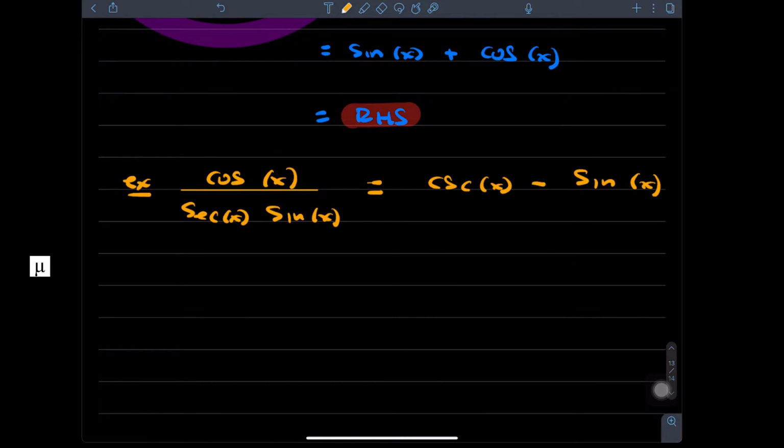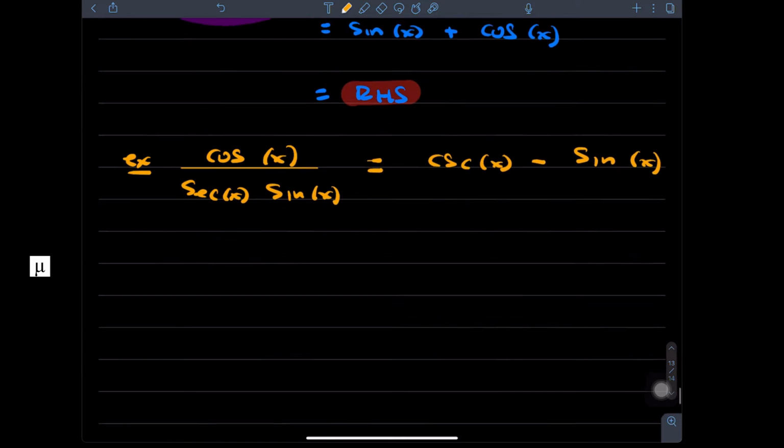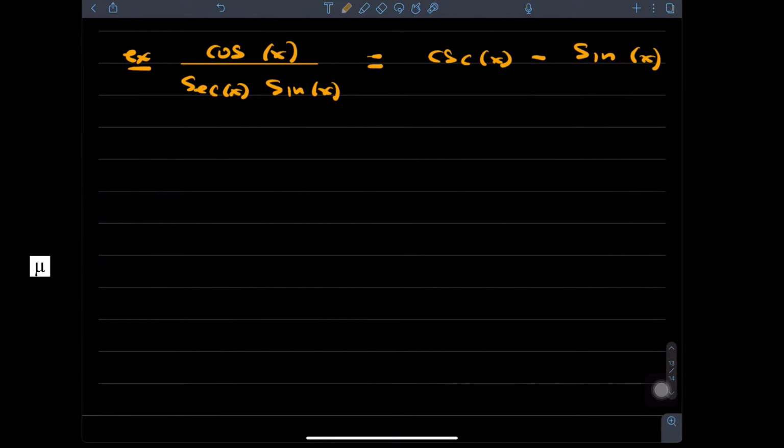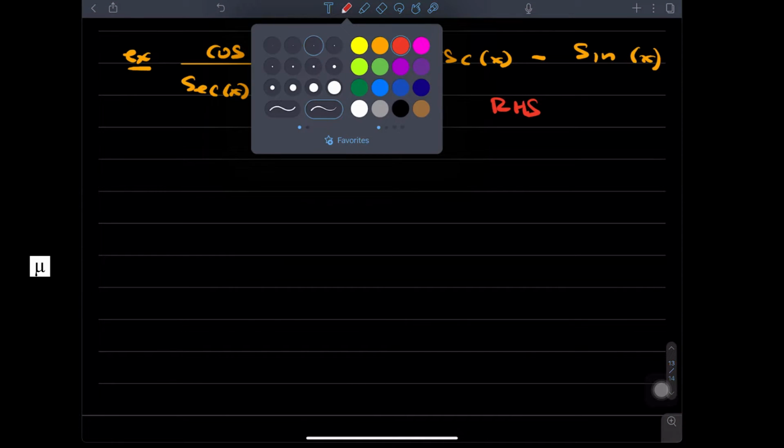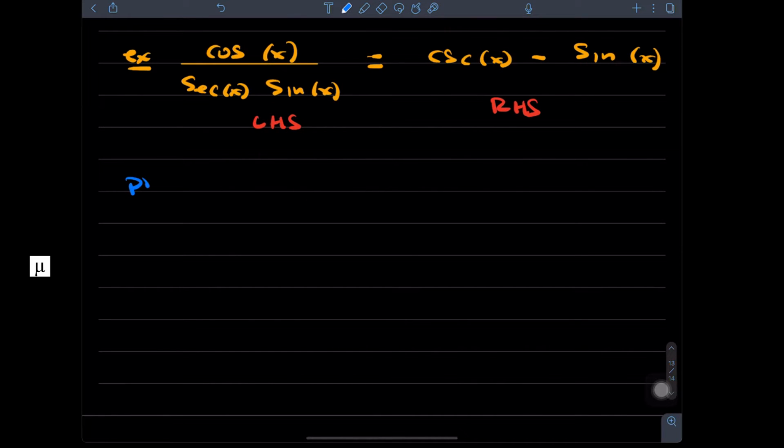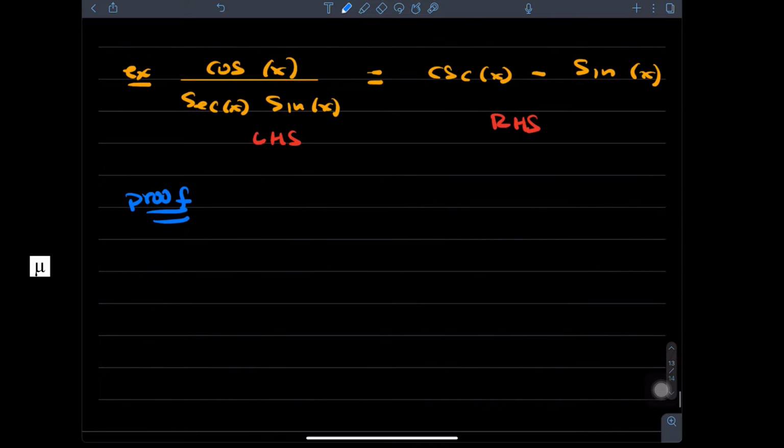So I think that's it. So you have the left side equals the right side here.